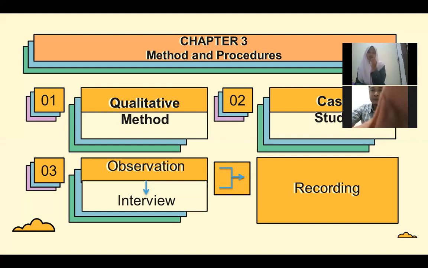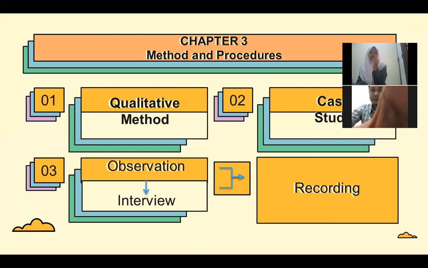And the second step is the interviews. Interviews were conducted after observations for 6 meetings had been completed, and interviews were conducted online via Google Meet for English Teacher 2 and Zoom meeting for English Teacher 1 for about 27 minutes.